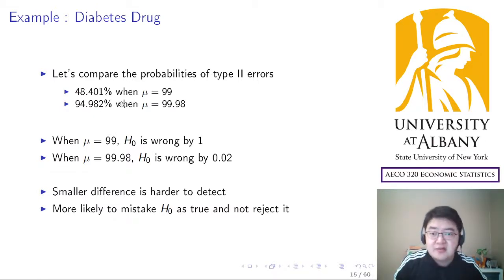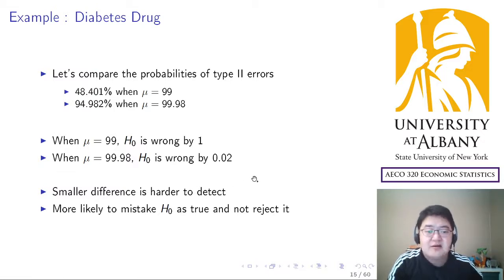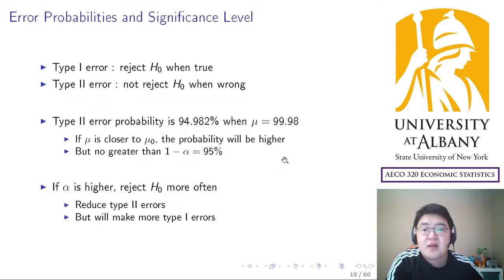You are more likely to fail to detect the difference as the difference is small. H0 was deviated by 1, and now H0 is deviated by 0.02 milligram. So a smaller difference is harder to detect, so you are more likely to miss it. That's the intuition behind it.